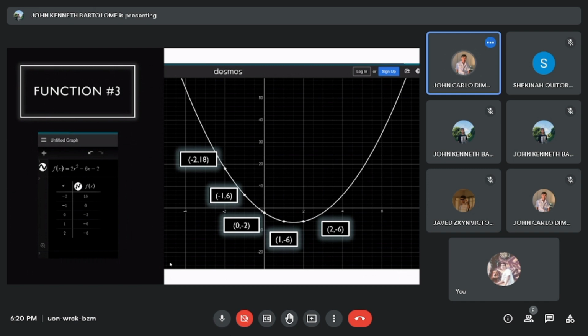Sa x, we need to substitute the negative 2, negative 1, 0, 1, and 2 so that we can get the 18, 6, negative 2, negative 6, negative 6 ulit. So yun ganun lang kadali yun. Next.